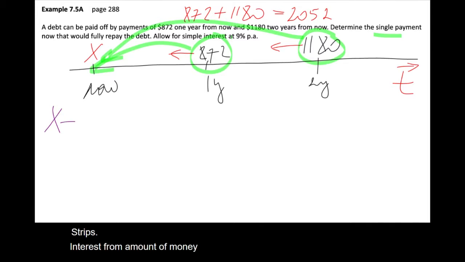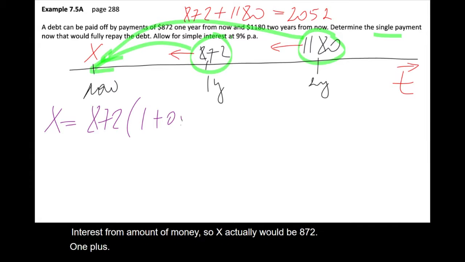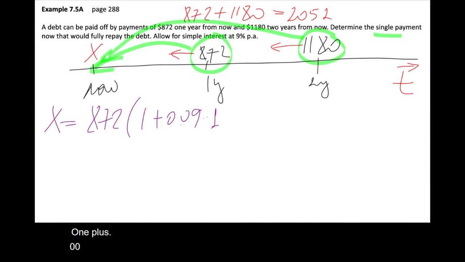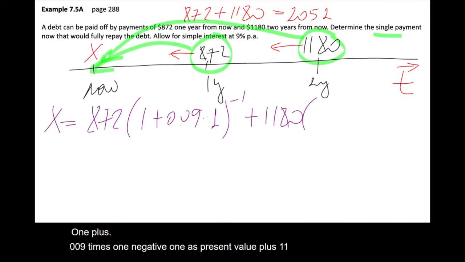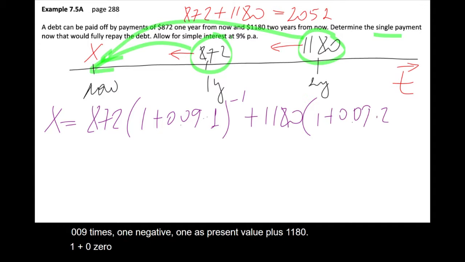So X actually would be 872 times (1 plus 0.09) to the power of negative 1, that's the present value, plus 1180 times (1 plus 0.09) to the power of negative 2.